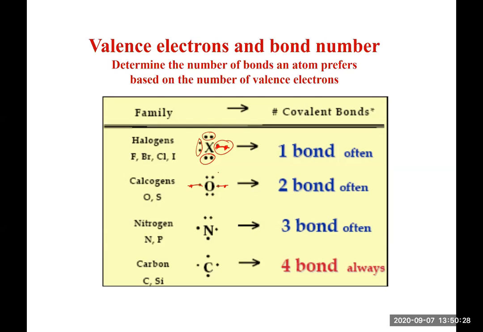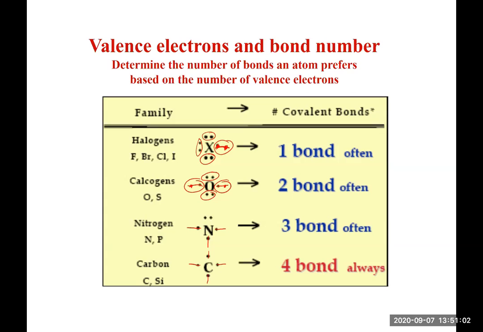And then oxygen would have 2, 4, 6, 8 electrons, a perfect octet, the same electron configuration as the noble gas closest to it, which for oxygen is neon. Nitrogen, having 5 electrons, has 3 unpaired electrons, so would want to form 3 bonds. Carbon has 4 unpaired electrons and would want to form 4 bonds.